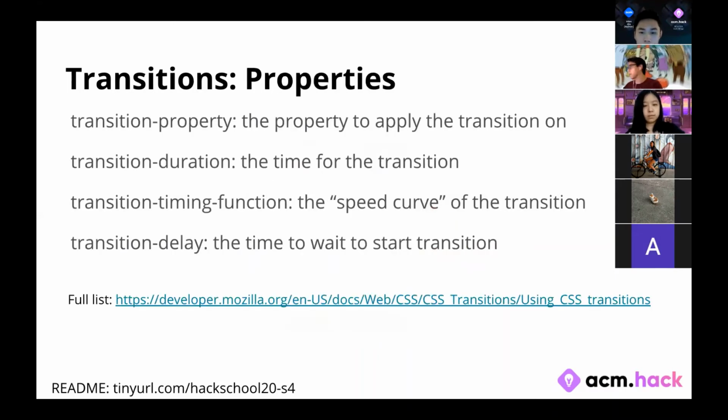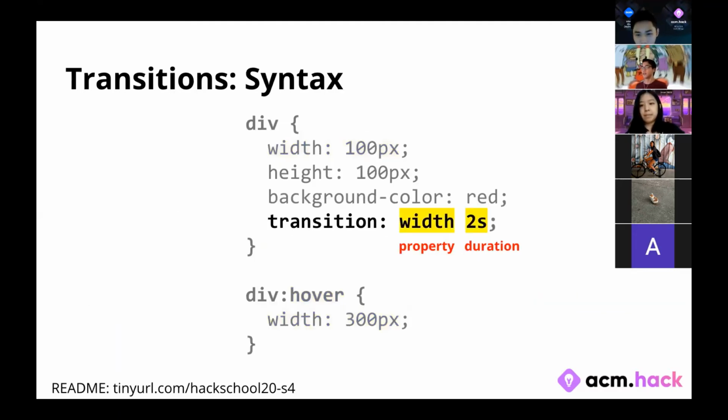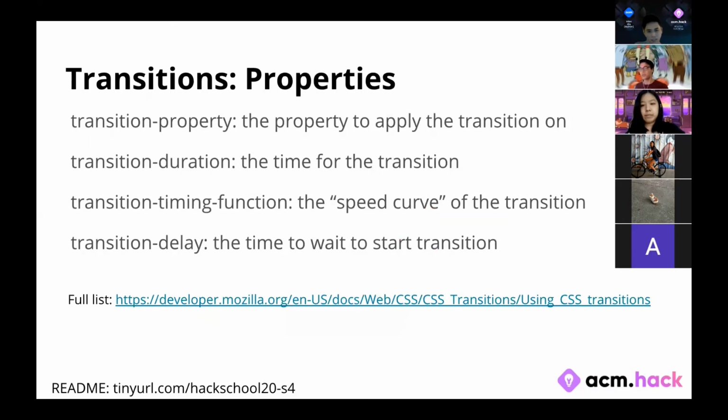So before I hop into the demo, there are a couple other properties associated with transitions. The two that you've seen so far are the property and duration. You can use the transition property to refer to these in shorthand, but by themselves, they can also be defined separately as transition-property and transition-duration. On top of this, you also have transition-timing-function.